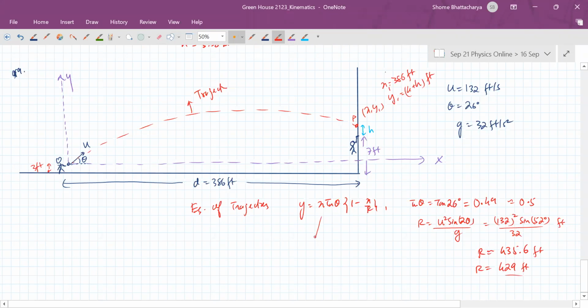So anyway, this equation becomes... now in this substitute the coordinates of the point P, and from that you will get the answer.